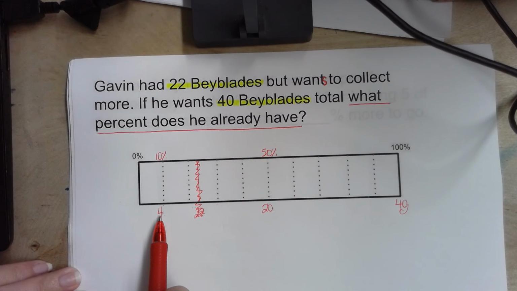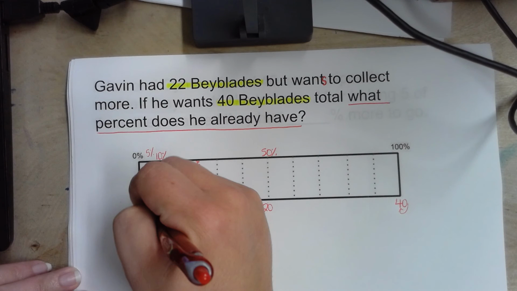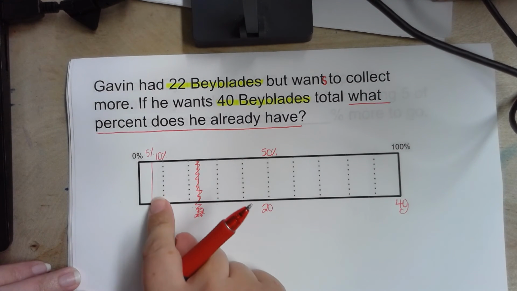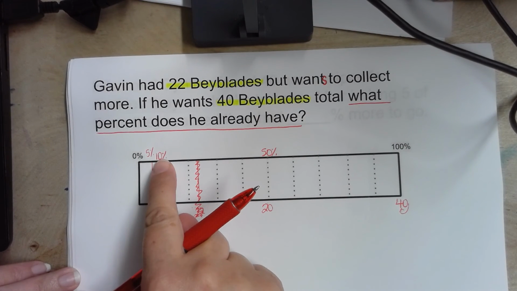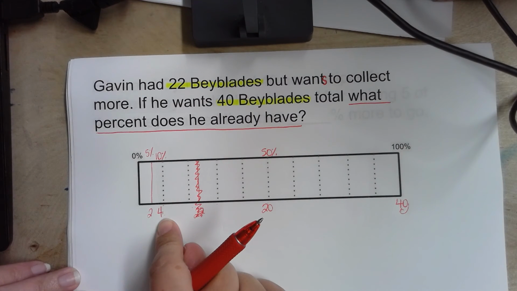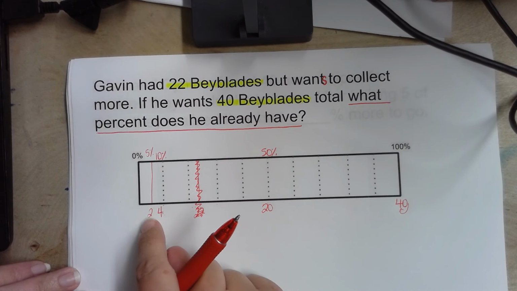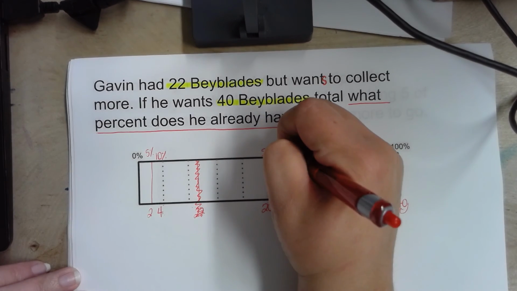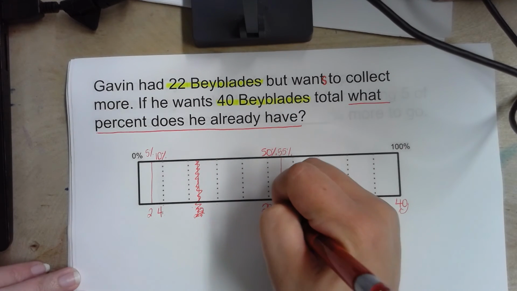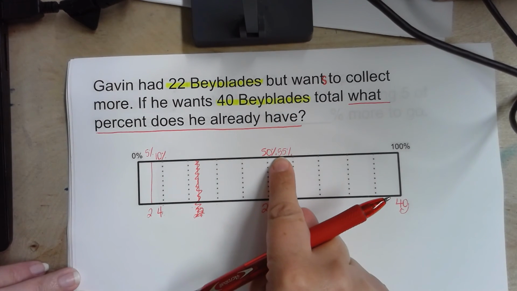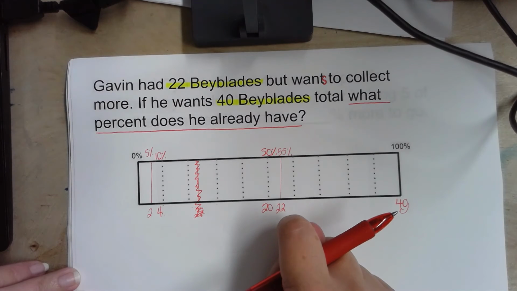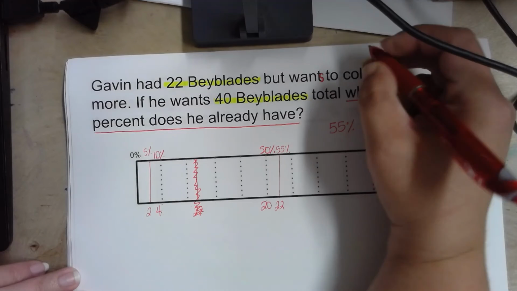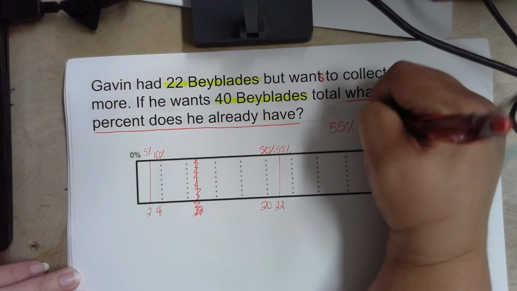Well, let's look at what we've got. 10% is 4, which means 5% is 2, because it's half of 10. 5 is half of 10, 2 is half of 4. So now I could take this 2 and this 20, add them together, and that gets me 55%. So Gavin has 55% of the Beyblades.